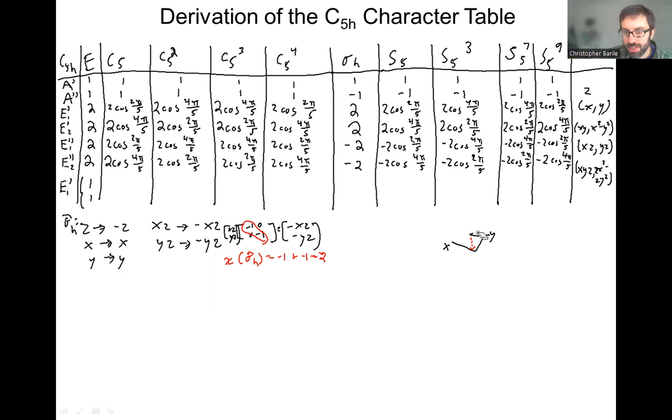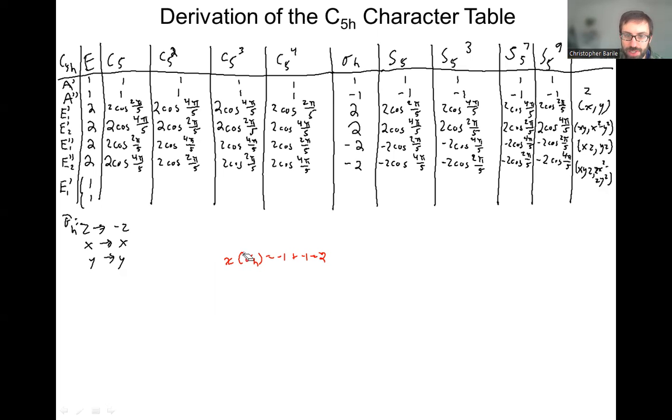And the problem with this is that there are no real functions that transform like this. If there were, we would have found them. Right? We tried all these different linear functions, x, y, and z, tried the different quadratics, even some cubics. And there are no real functions that transform like this.